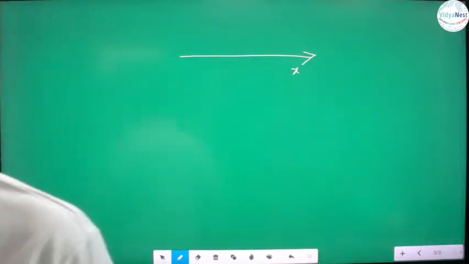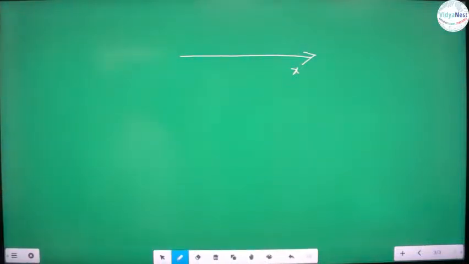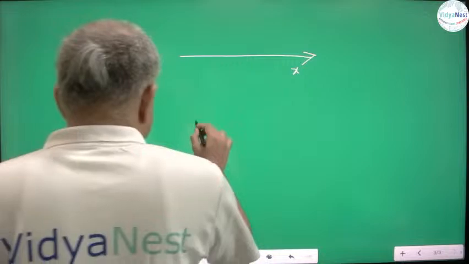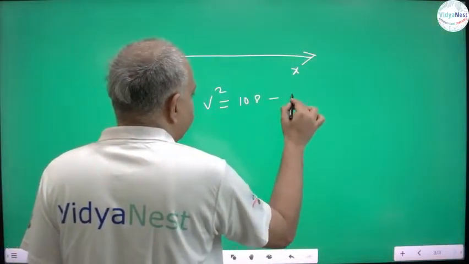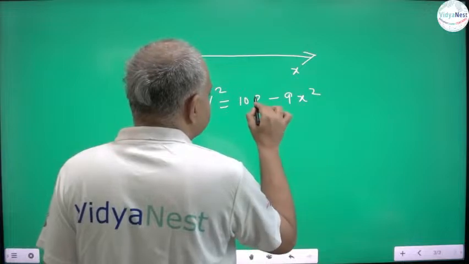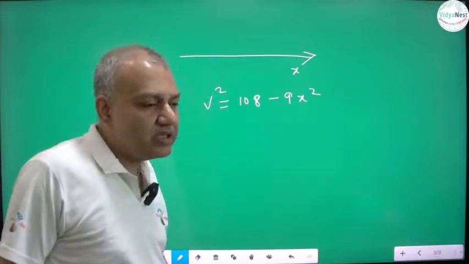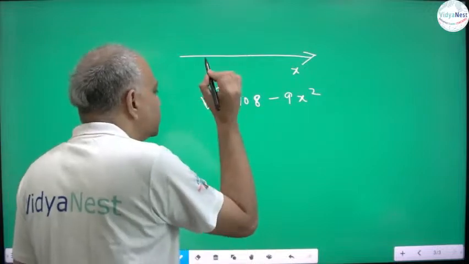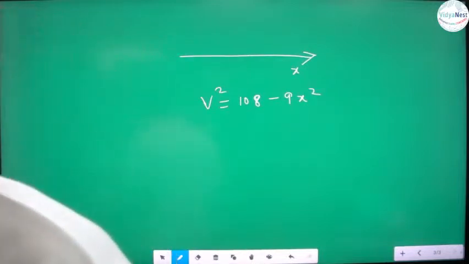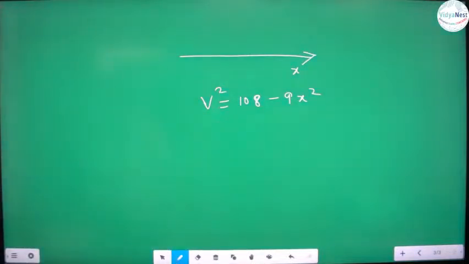Its instantaneous speed can be written like this: v square is equal to 108 minus 9x square. What is this v? V is the velocity, but in this situation we can call it the speed.